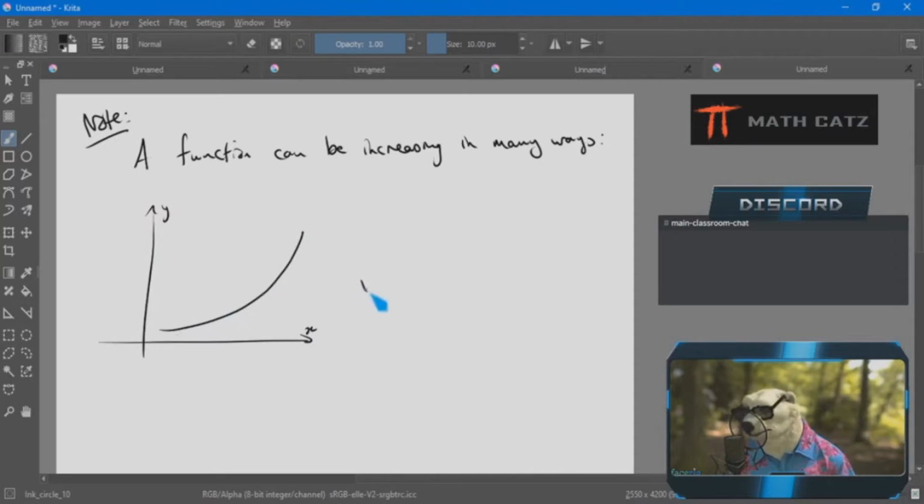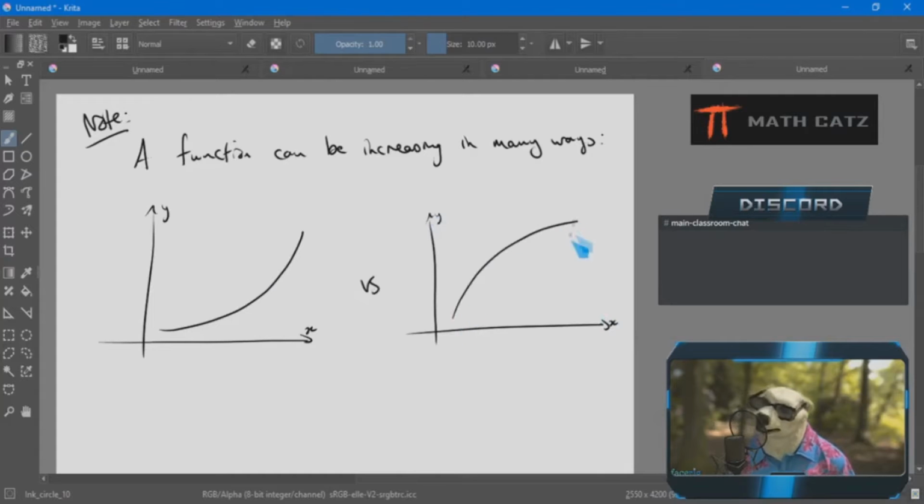That's definitely uphill. But it can also be increasing like this. They're both increasing. Any tangent line has a positive slope. And just saying, oh, it's increasing there, that doesn't quite tell me the shape of that graph. Something is missing. I have a similar issue with decreasing.